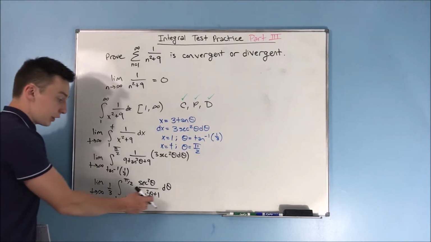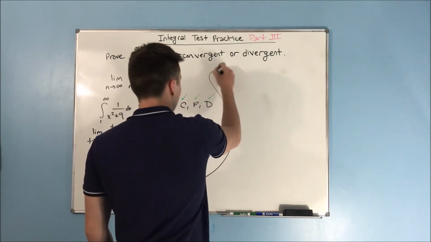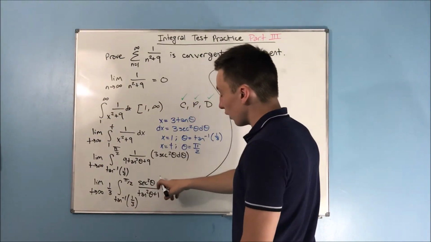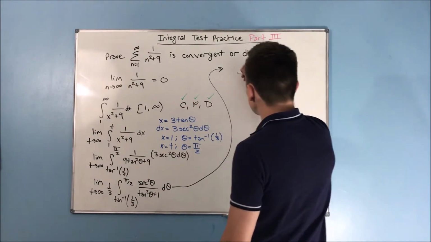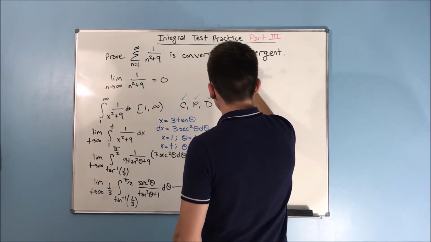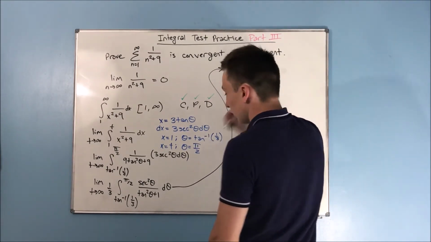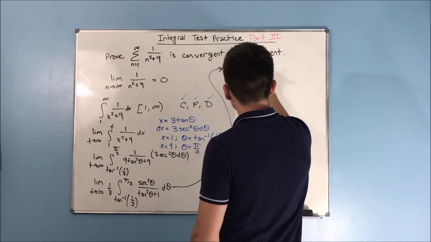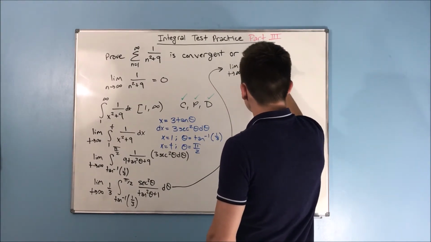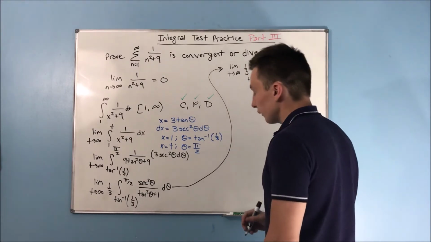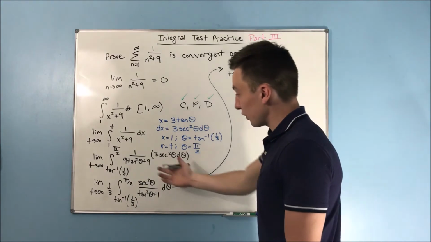Tangent squared theta plus 1 is secant squared theta, and we have a secant squared theta on top too, so this just becomes 1. This goes down to the limit as t approaches infinity of 1/3 the integral from tangent inverse of 1/3 to pi over 2 of d theta, which is really nice considering what we started out with.